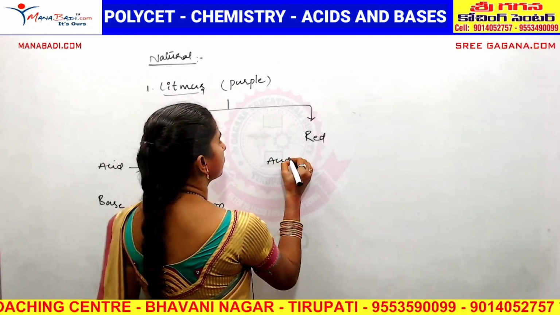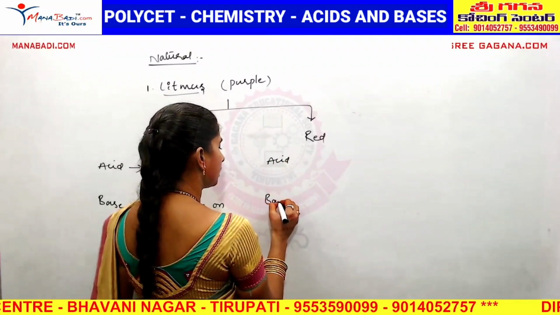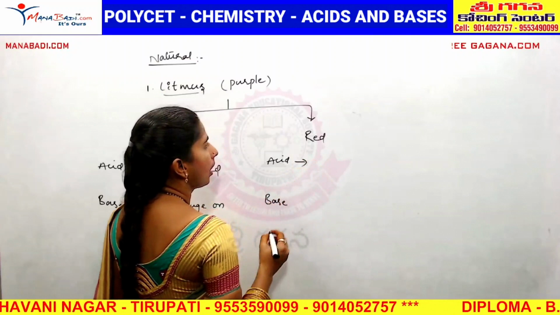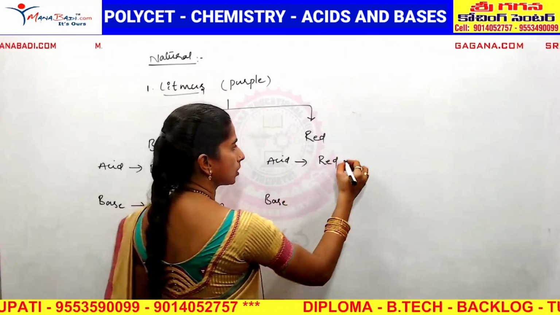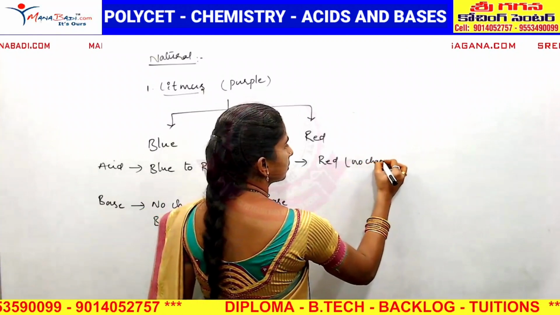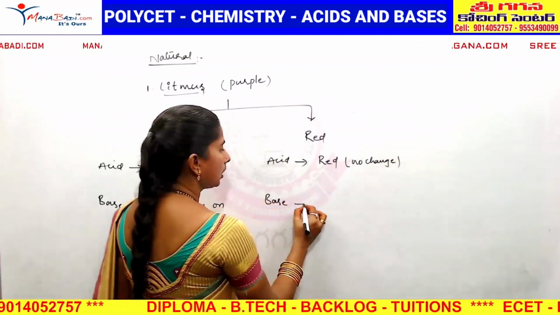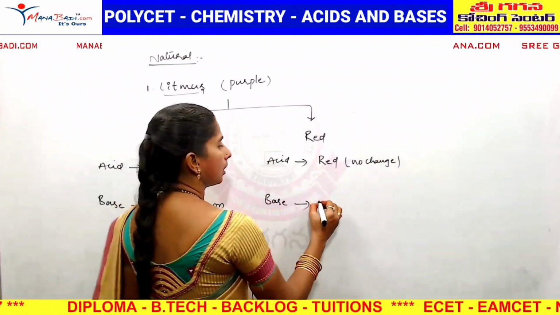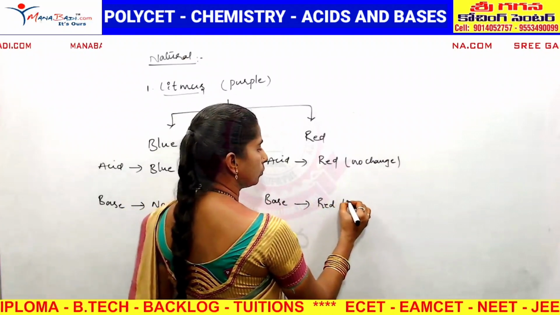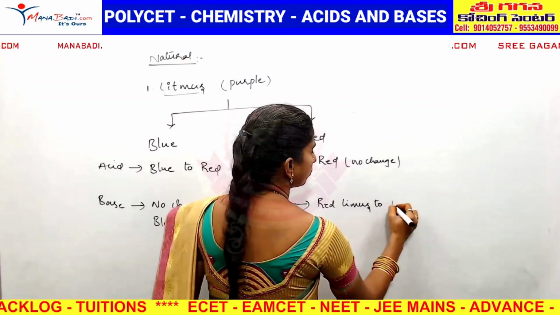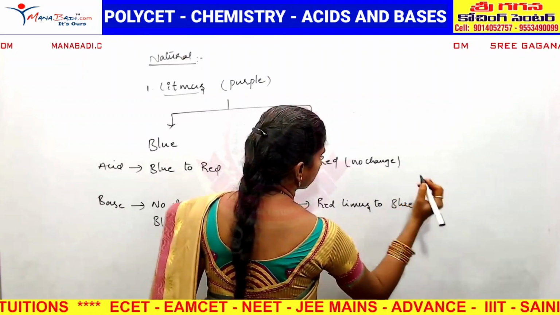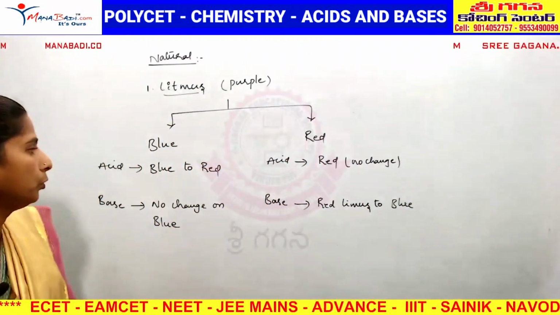But in the case of red litmus, acid leaves the red color like that only. There is no change. In case of base, it turns the red litmus to blue color.